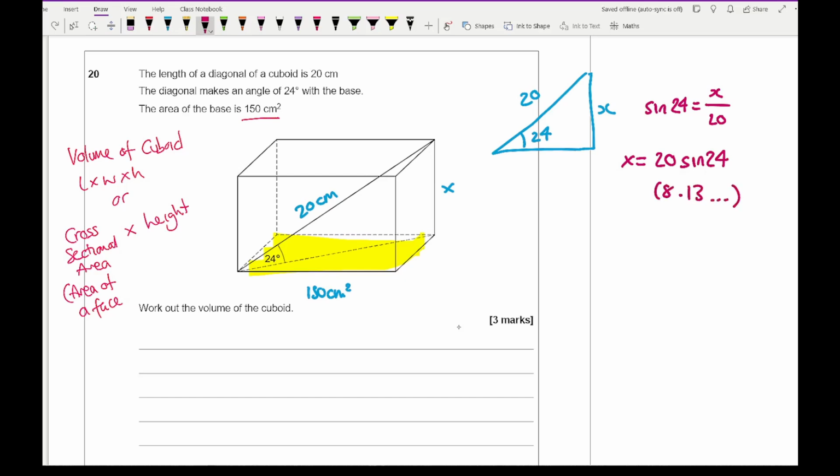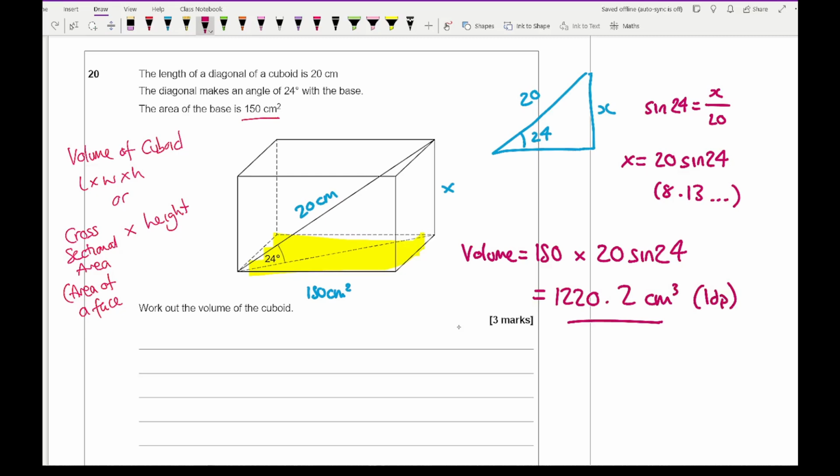Now to work out the volume, it's going to be 150 multiplied by the height, which is 20 sine 24, or 8.31. And if I just type that into my calculator, I get an answer of 1220.2, and that's centimeter cubed, and that's been rounded to 1 decimal place.